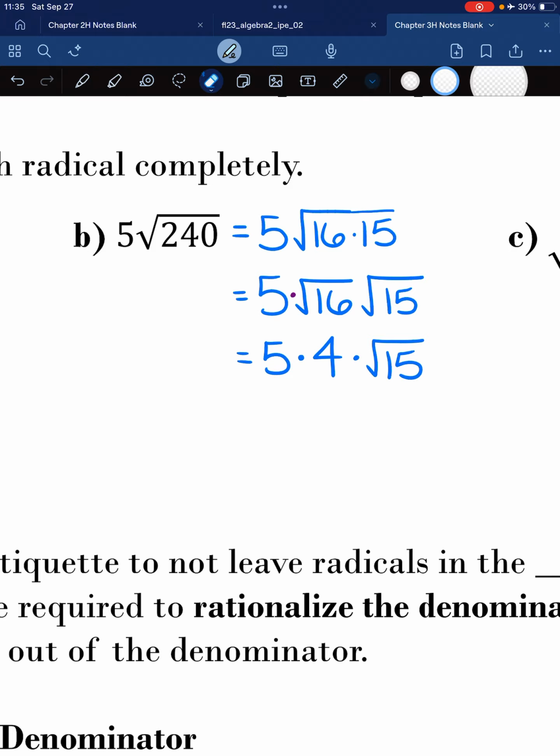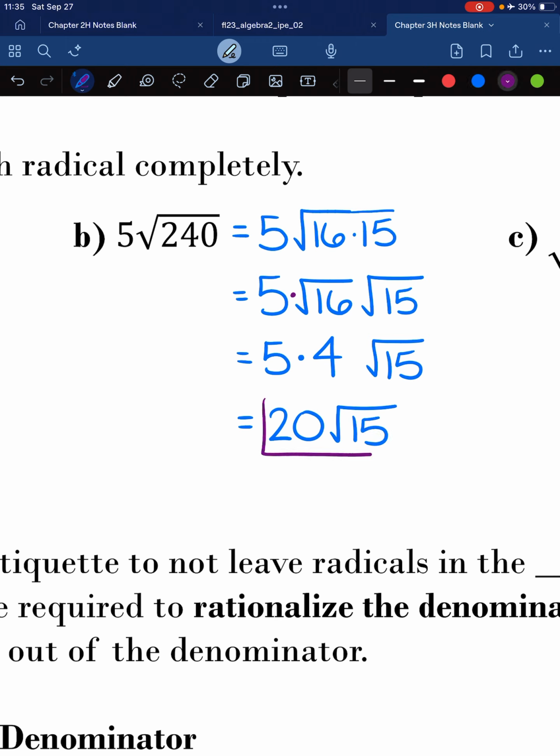We just don't really have to write this little multiplication in the middle, since we have a different symbol in between there. Okay, so then 5 times 4 is 20, root 15, and that is equivalent to 5 times the square root of 240. It is just simplified.